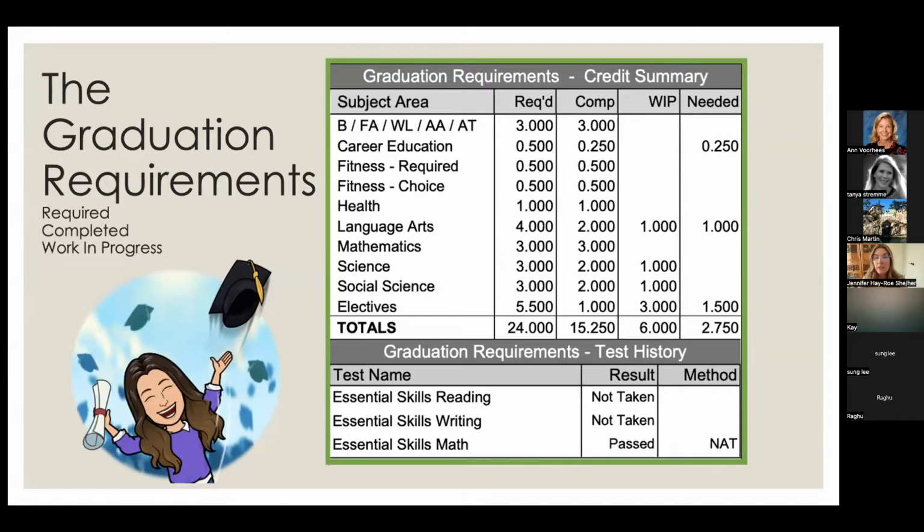For students that don't pass it through one of those national tests, they can choose to take the optional state testing or do it through a portfolio. In my 10, 15, 20 years of counseling, I have never had a student that didn't graduate due to not passing an essential skills test. That is something that we make sure happens for our students.